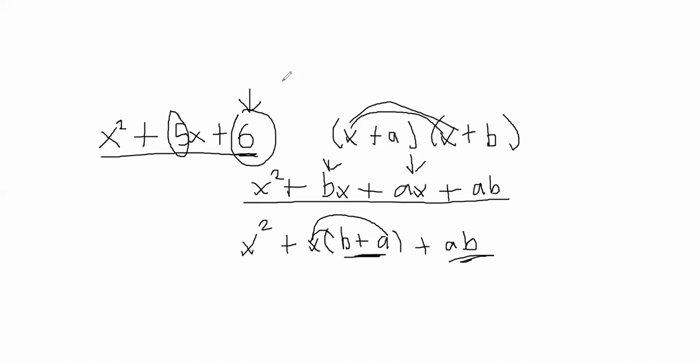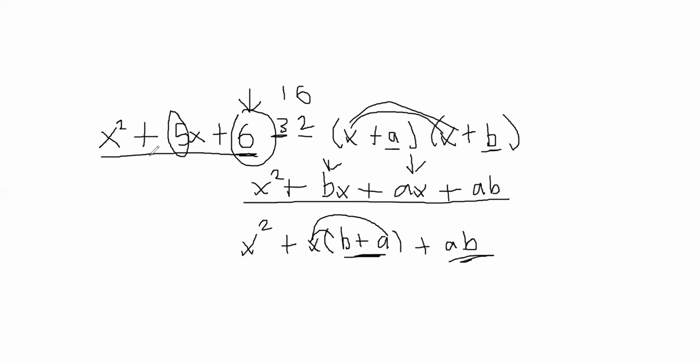So what are the factors of 6? Well, there's 1 and 6, but there's also 3 and 2. If I try 3 and 2, that works out pretty nicely. 3 times 2 is 6, and 3 plus 2 is 5. So 3 would be my a number, and 2 would be my b number.